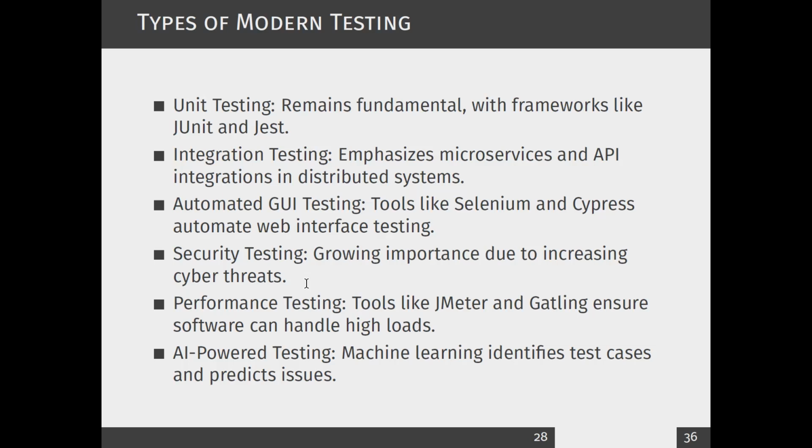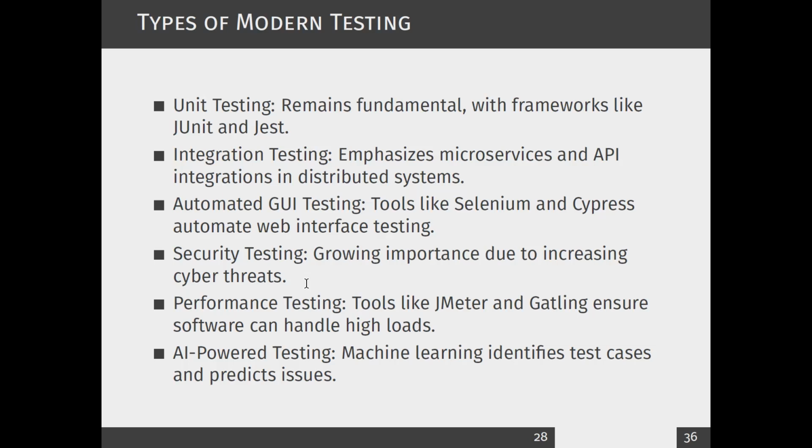But it's still the unit testing, once you write a code and then you test that piece of code, that is very fundamental. And then we can use different frameworks for this. Once you do the unit testing, then you have to think about how you are going to integrate these things together. And to check that, we have what we call integration testing.